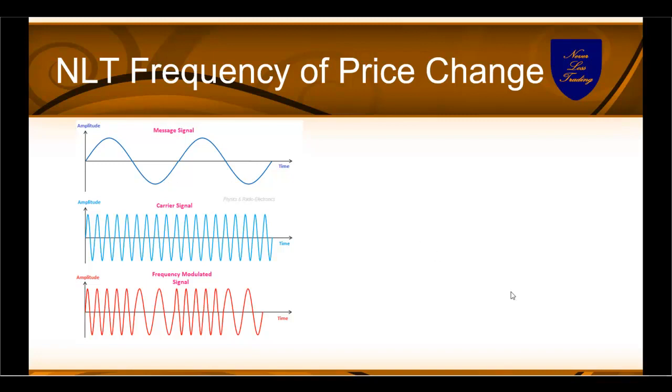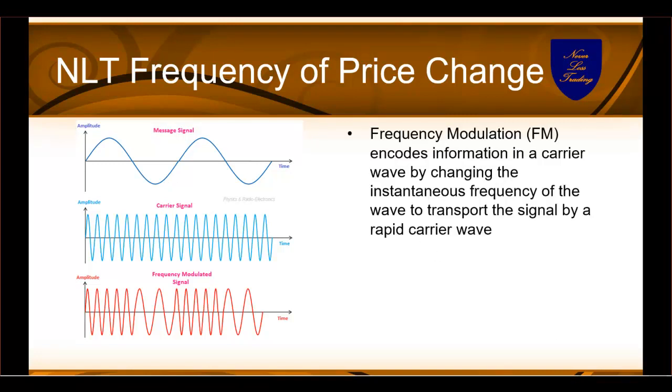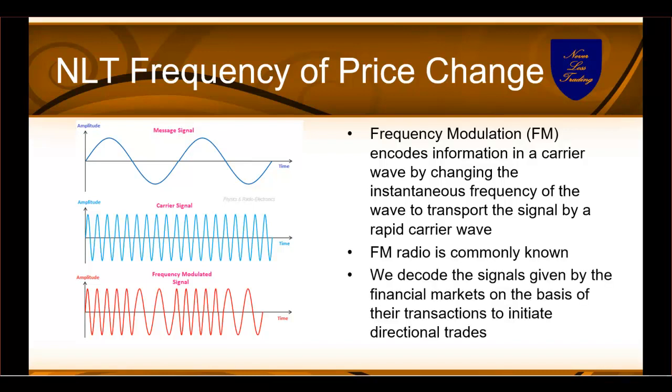And that's what we want to do. The transactions in a financial market are like a frequency modulated model, which you find in FM radio commonly, and we use that technique to decode by the underlying change what most likely is going to happen on key price turning points.